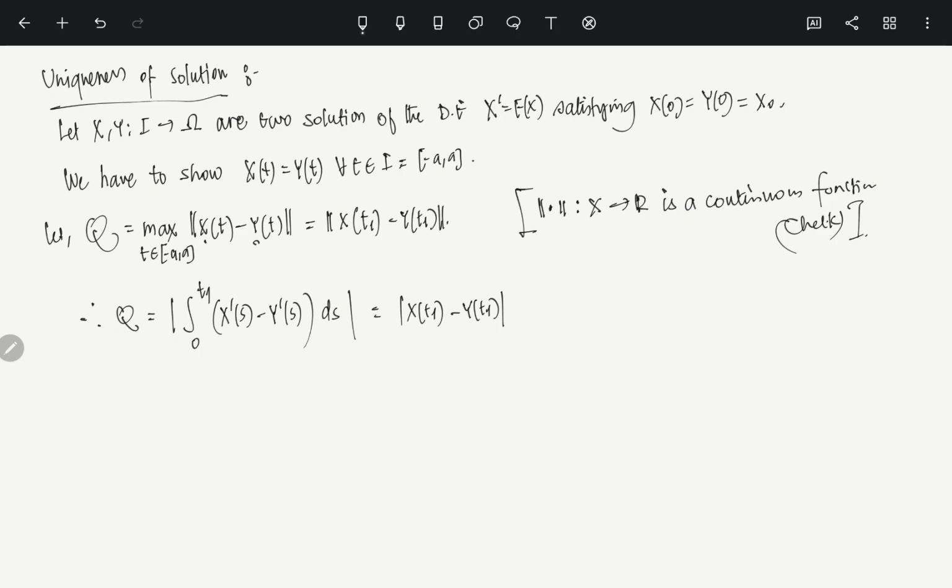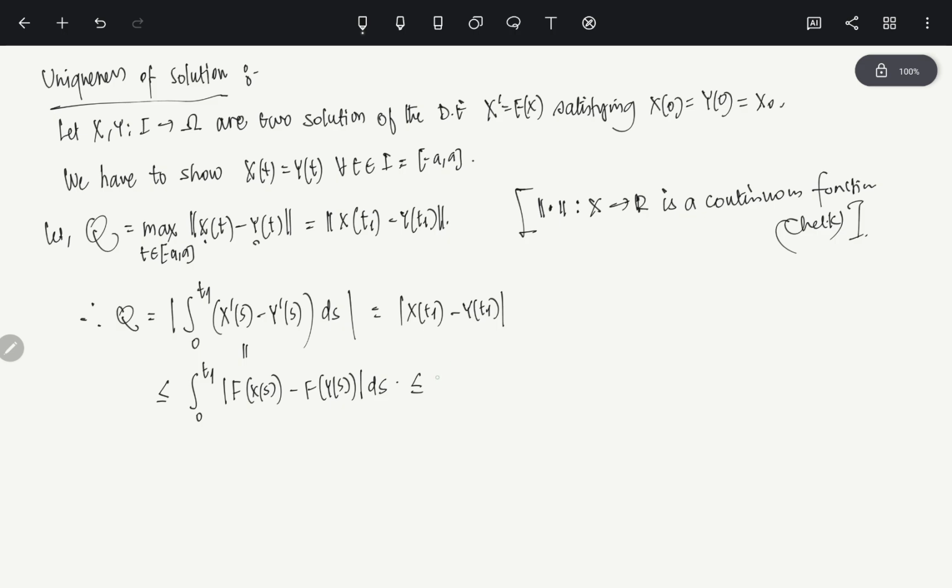Now this particular thing, I can always say is less than or equal to the integral from 0 to t1 of f of x of s minus f of y of s ds. Now this is always dominated by k, since f has a bound k.